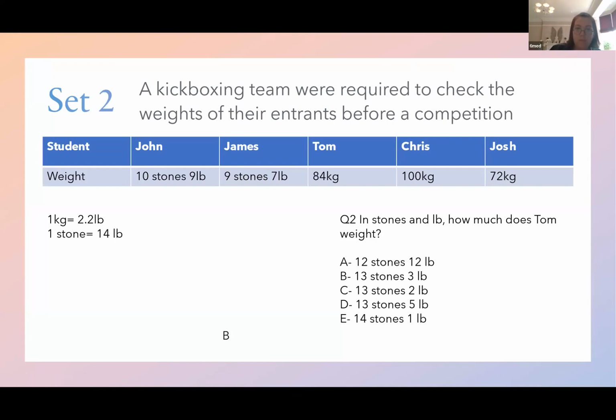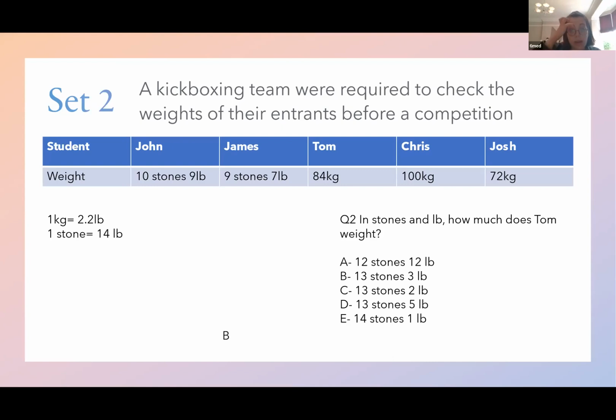I see why people have said C, because those answers are very close together. So it'll just be to do with your specific maths. So just be careful. How is this question done? Well, we look at Tom's weight. He weighs 84 kilos, and we need to change that into stones and pounds.